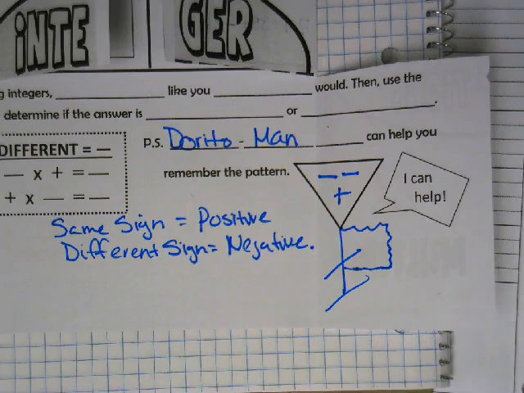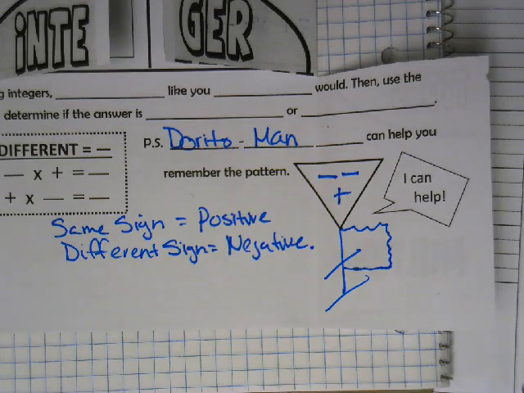So this Dorito Man, how does it work? Does anybody remember how this works? So if I have -5 divided by -1, what kind of number is this?